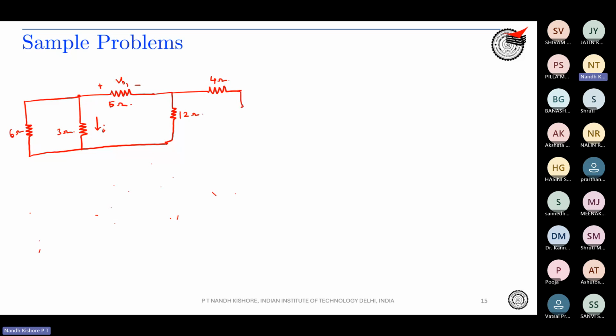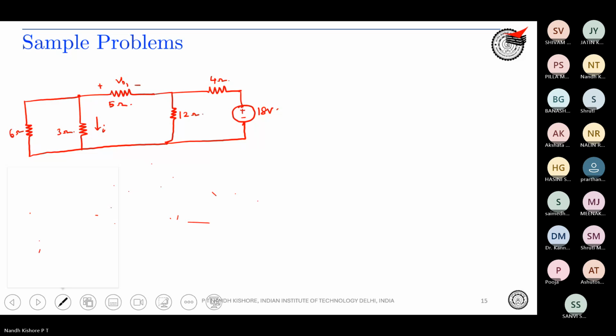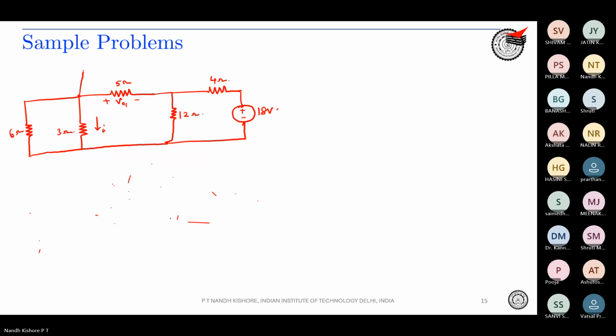You are having a voltage source over here which is 18 volt. And you are having the dependent voltage source over here. You cannot do anything to this, so the value is actually 6I.